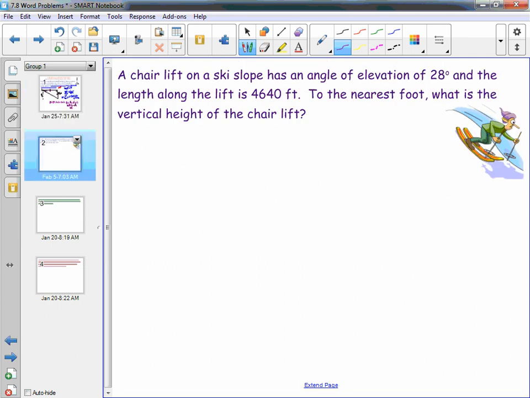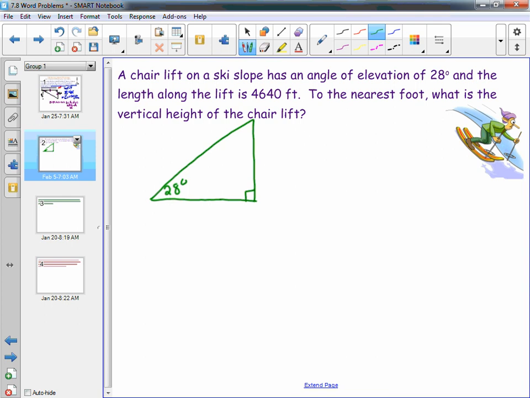Our next example, a chairlift on a ski slope has an angle of elevation of 28 degrees. Again, we start with the horizon, and we are looking up because it's angle of elevation, and we know that angle is 28 degrees. And thus we create a right triangle.